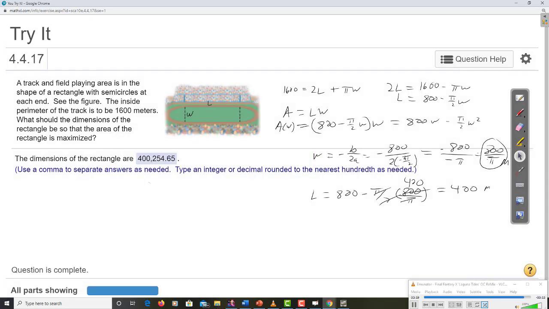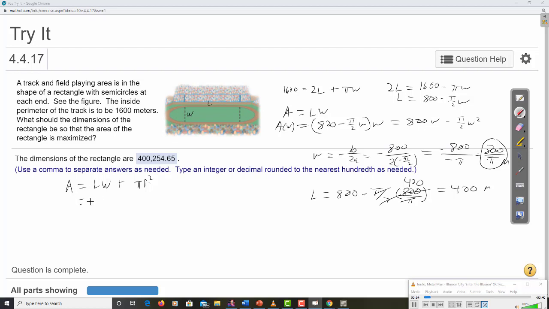A more interesting problem is, what would it be if I weren't trying to maximize the area of the rectangle, but the entire field? It wouldn't be a whole lot different. All of this would still be the same, but my area function, instead of just being length times width, I would also have to take into account the pi r squared, because the area of the circle would matter as well.